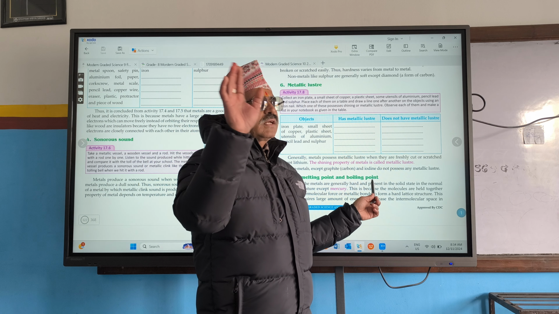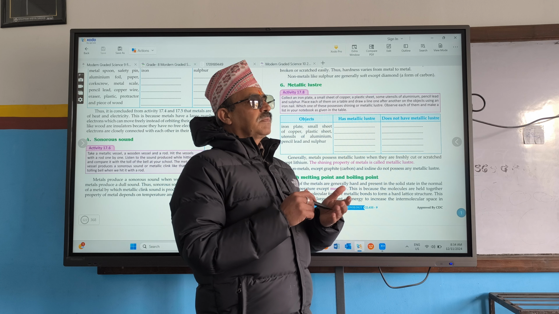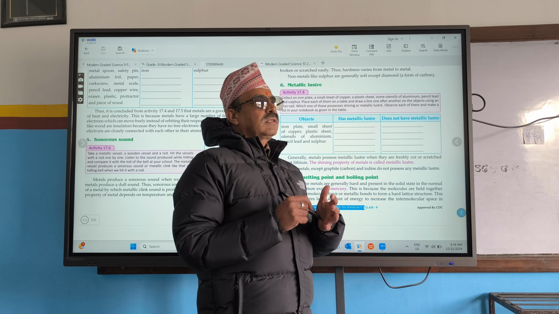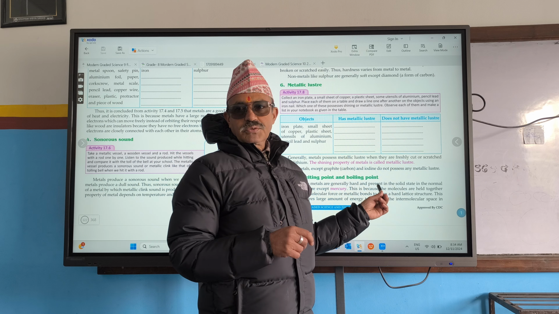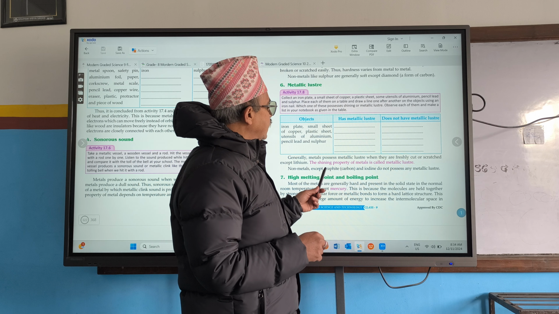So, yesterday I think there was one question. Give the example of a non-metal that shines. You can write graphite also, iodine also, no problem. Right? Why do they shine?